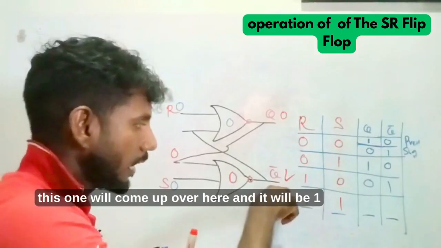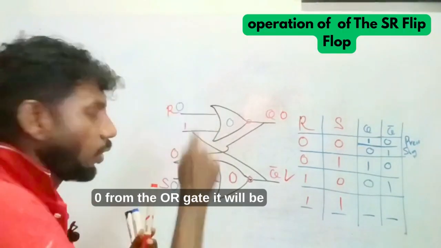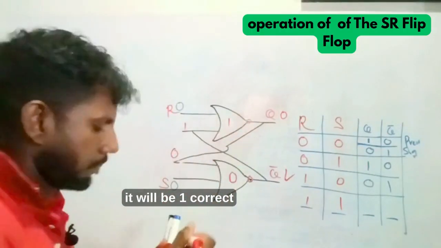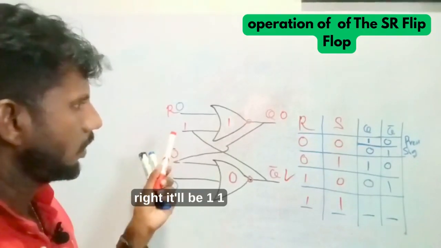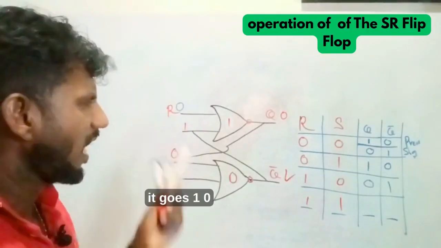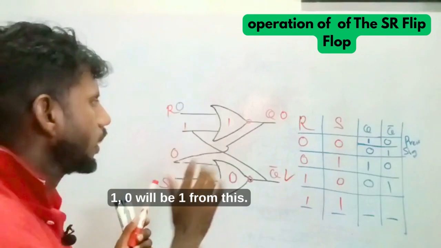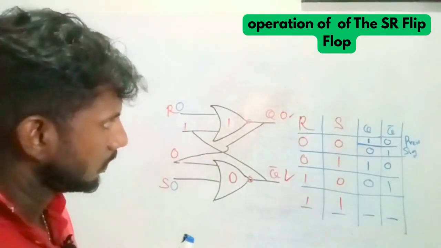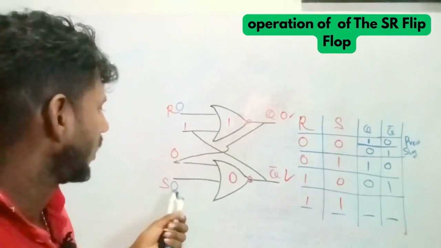This 1 will come up over here. 1, 0 from the OR gate will be 1, and from the NOT gate it will be 0, that's correct.